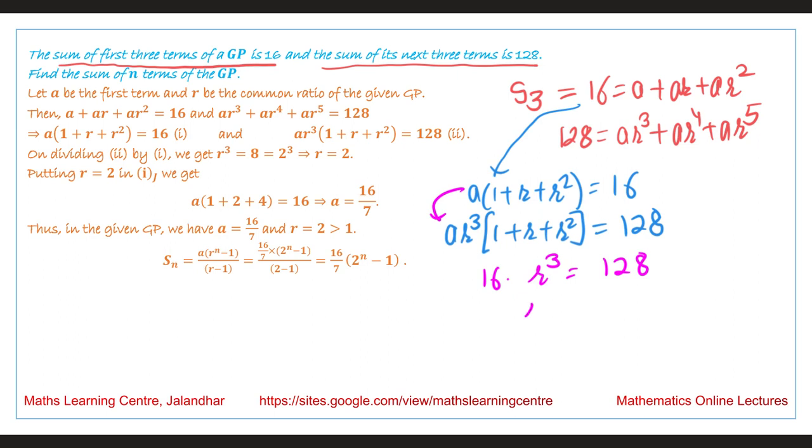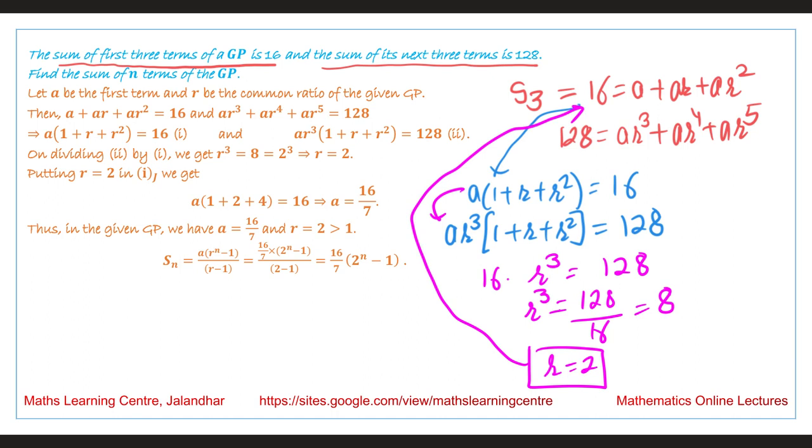So this implies that r cube is equal to 128 by 16, that is equal to 8. So the value of r we obtain is equal to 2. Now if we substitute this value of r in the first equation, we will obtain 16 is equal to a into 1 plus 2 plus 4. So we are getting the value of a is equal to 16 by 7.